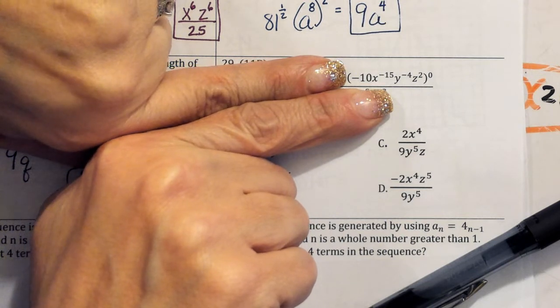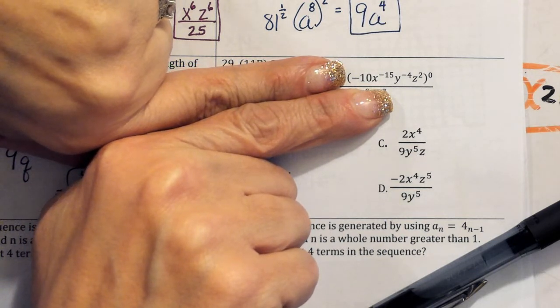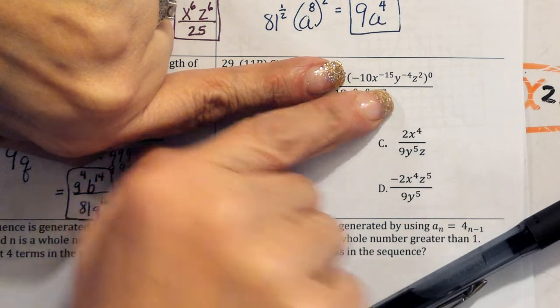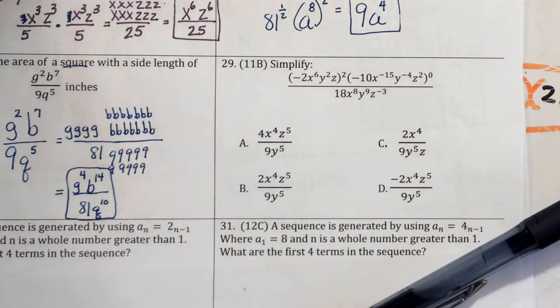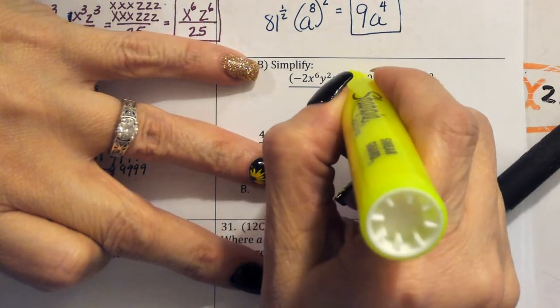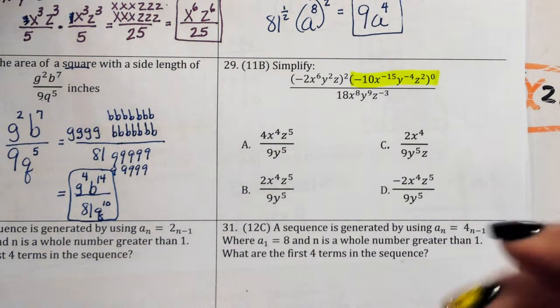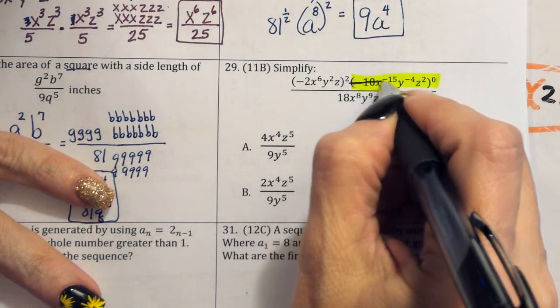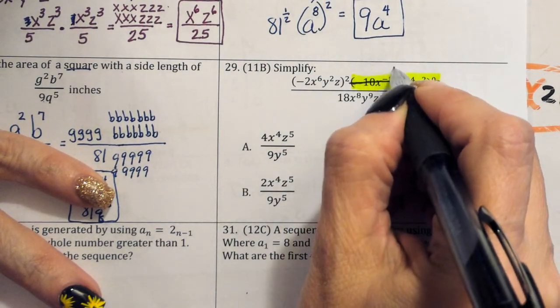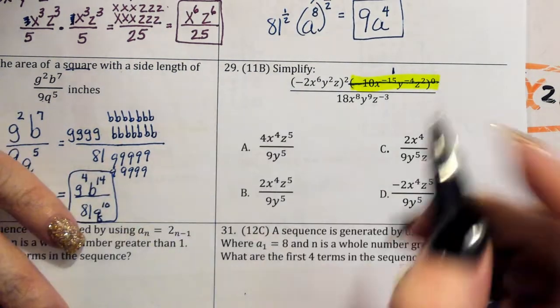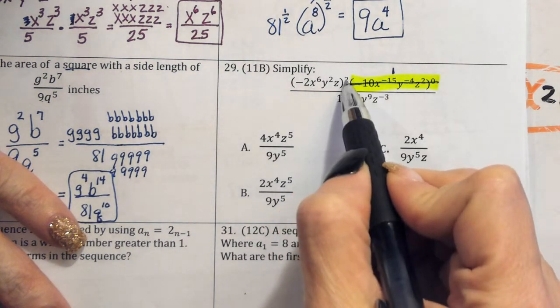All of that is raised to the 0 power. Anything to the 0 power is 1. That means all of this right here is nothing more than the number 1. So I'm going to draw a line through it, and I'm going to put 1. So really, it's just gone. So let's take this and let's square it.